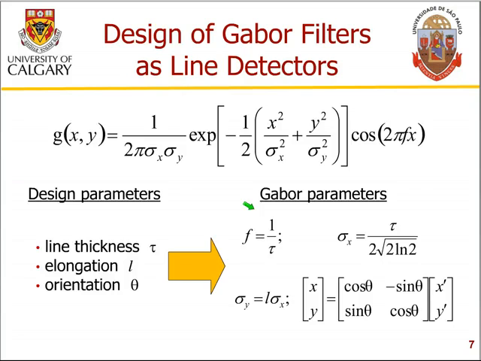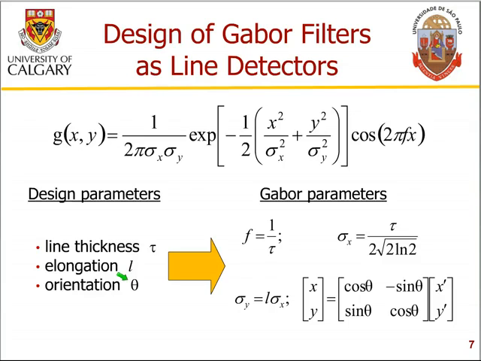So we can relate the specifications given by the user in terms of the frequency f as 1 divided by tau, and the sigma x as tau divided by a normalization factor, and sigma y, which is the variance or standard deviation in the other direction, as L times the elongation times the standard deviation in the x direction.